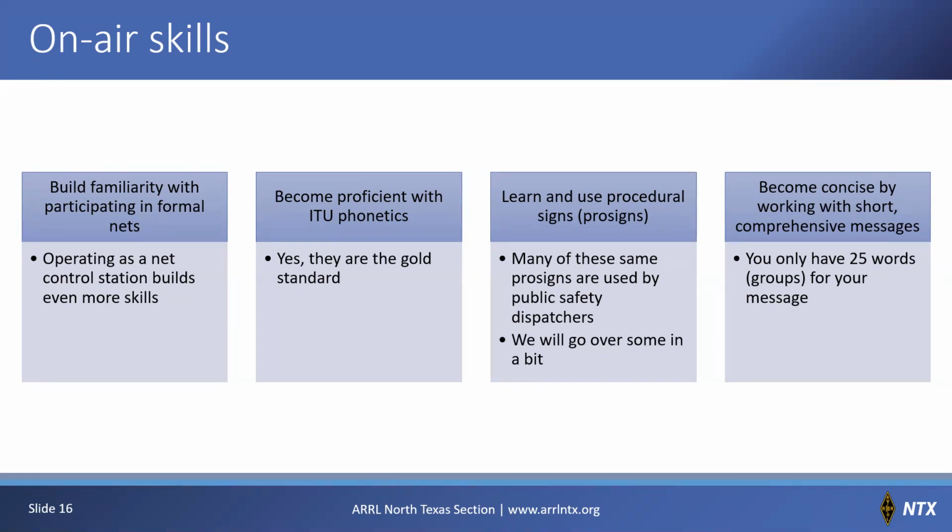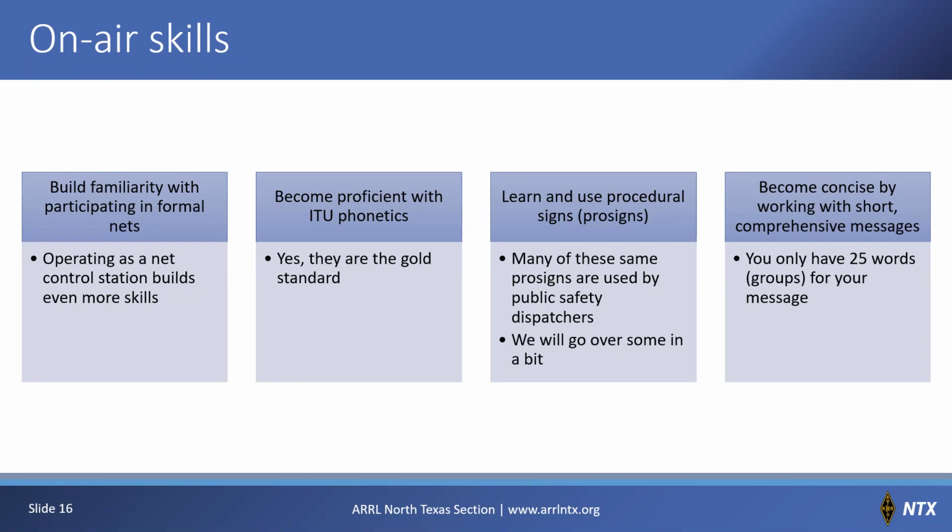Pro words or pro signs. Technically, they're pro words if they're spoken and pro signs if they're CW. A lot of these are the same that you're going to use in public safety, for example. If you're working with ARRL and you're handed a public safety radio, be careful with it because it's thousands of dollars. But when you're talking to dispatch, "please say again your traffic," "I copy your traffic," those types of things are going to be the same.